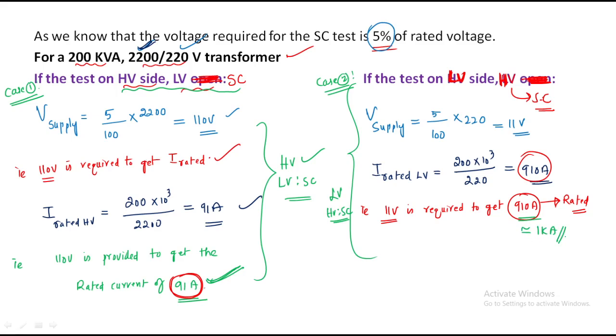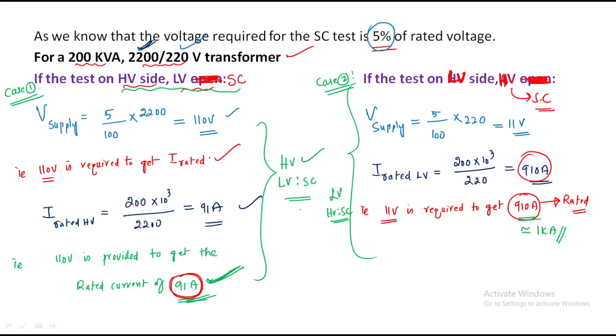That's why with the amount of 110 volts we are going to get the rated current. This is enough to conduct the SC test. But if we conduct this test on the LV side, obviously the rated current required is very much more compared to the HV side. That's why this test is preferably done on the HV side, with LV short circuited.